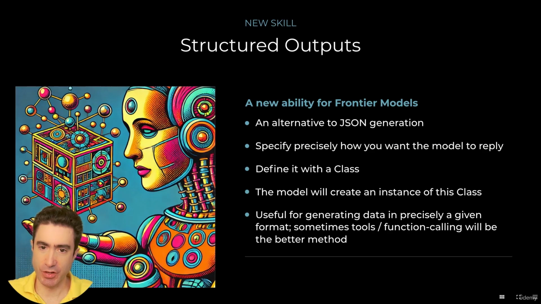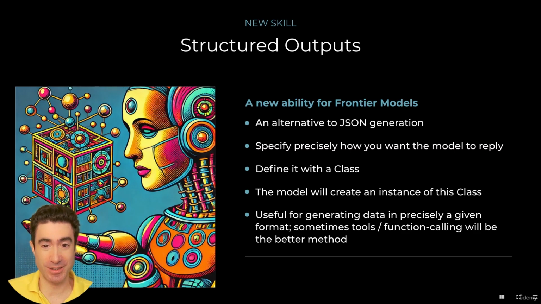So structured outputs, you remember in the past we've used JSON generation. We've said that we want the model to respond with an output format in JSON, and then in the prompt we describe exactly what that JSON should look like. And it's not 100% reliable. It's actually very good. It will almost all the time respond with JSON.